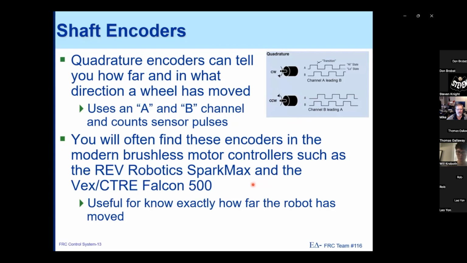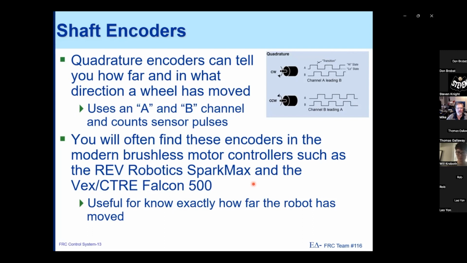These are very important, especially in autonomous mode, which is at the very beginning of the game. You'll have particular scoring values. For instance, if you can cross this line, you'll automatically score 5 points or whatever it is in the game, and the line happens to be 5 feet away from the back wall.